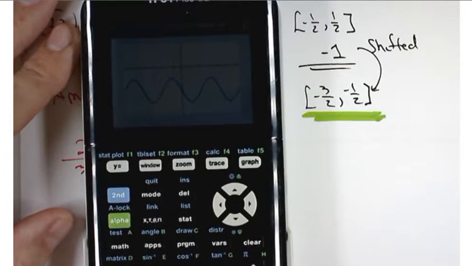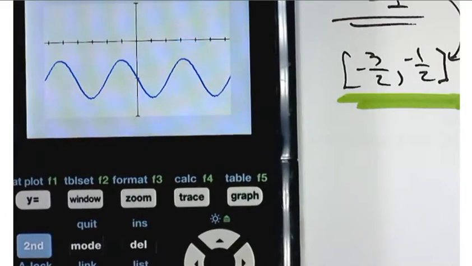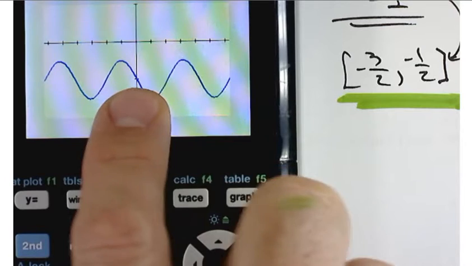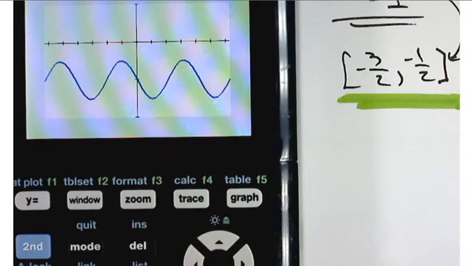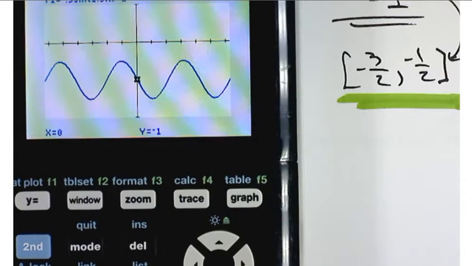Let's see if we can check it. If we start out at 0, we're at this point. If you hit the trace key, let me type in a 0. So trace it at 0, we're at negative 1. Let's also trace it at 4 pi over 3.